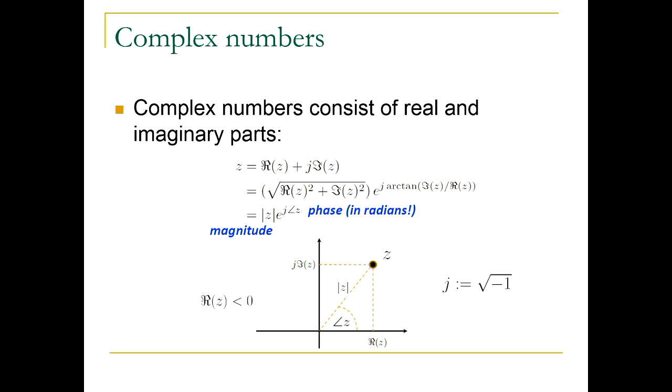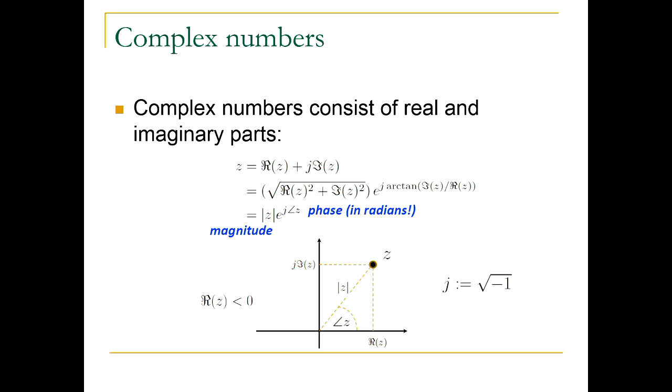I use this angle of z to denote phase, and just absolute value is its magnitude. Right, so this is not the absolute value of a real number. This is a complex number, so absolute value is basically the square root of real part squared plus imaginary part squared. All right, so this is just to remind ourselves what complex numbers are.